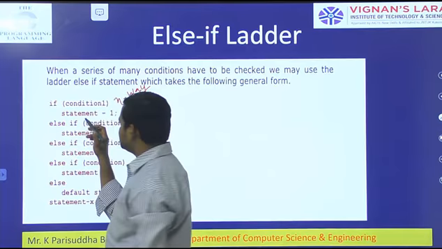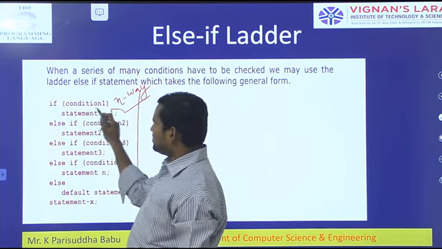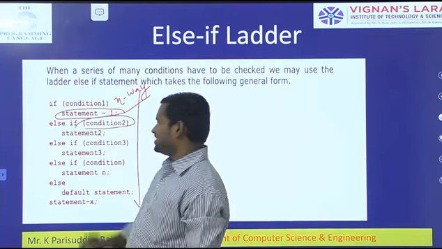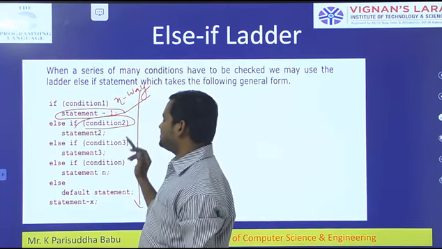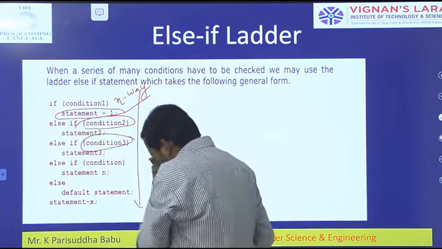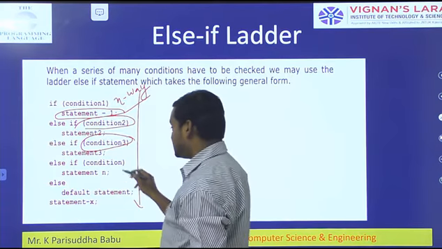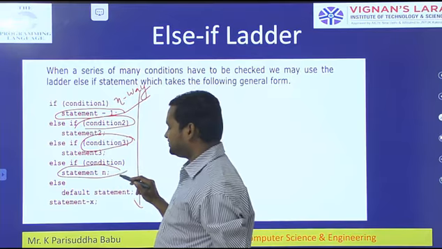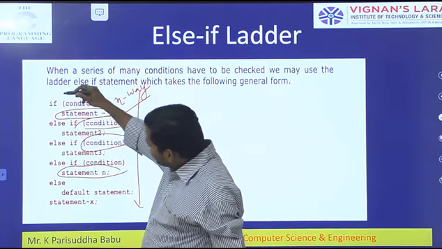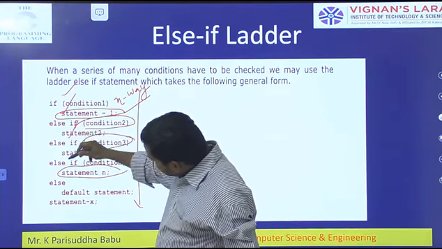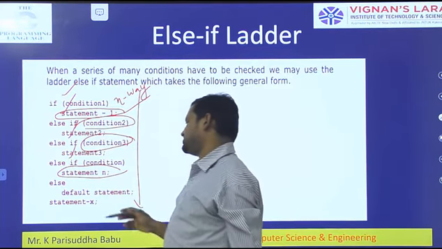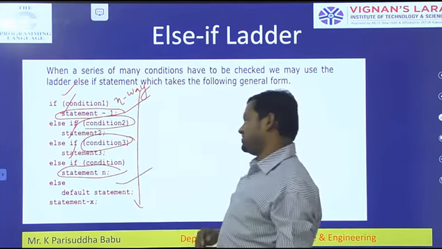If this condition is true, then the block of code will be executed. Otherwise, it checks this condition. Otherwise, it checks this condition. If all the else if conditions are false, automatically it executes the default statement.